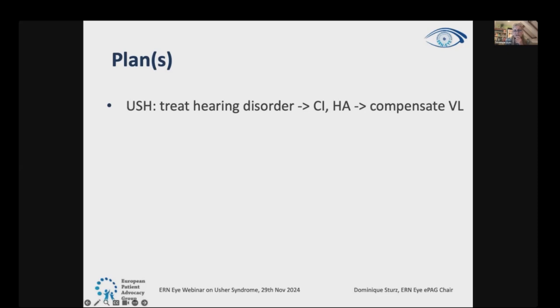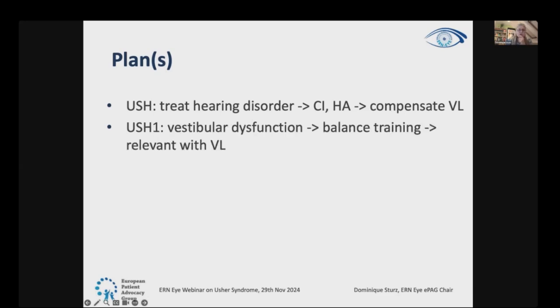Good hearing, excellent hearing is very important because it is one way to compensate vision loss when it progresses later in life. Also to have a plan for how to handle the vestibular dysfunction in the form of balance training, etc. A well-trained balance can become very relevant later in life in young adults when vision loss progresses and when they have to reduce speed when they walk.